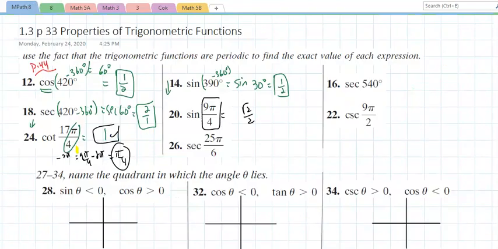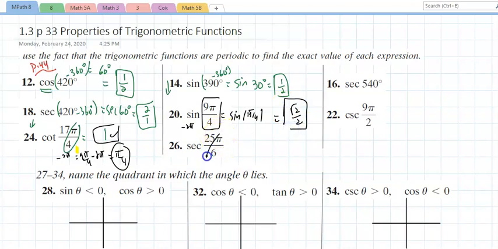I'm in quadrant 1. Or I take away from 9 pi 2 pi. That's 8 pi. That makes it the sine of pi over 4, which is radical 2/2.